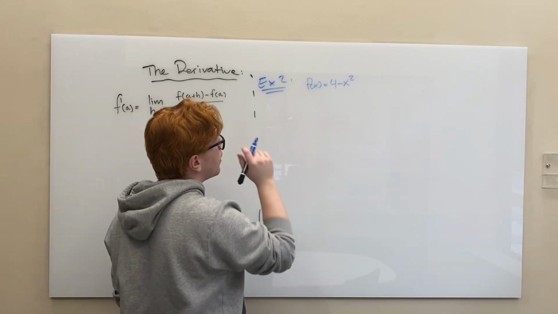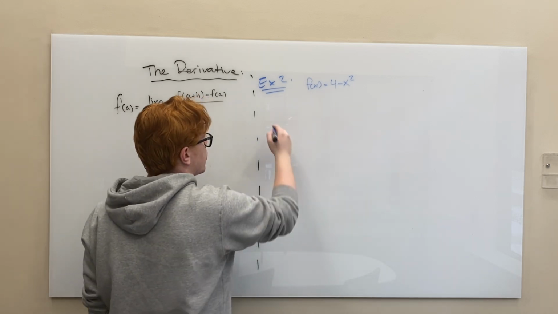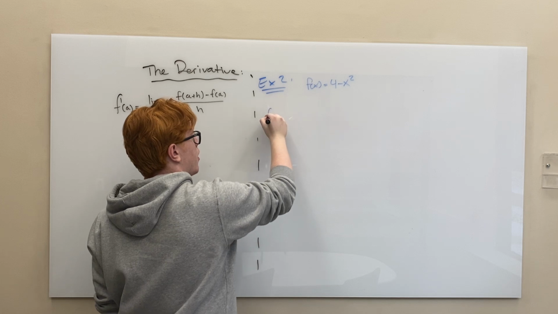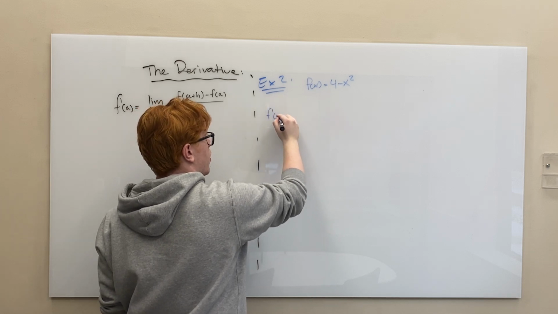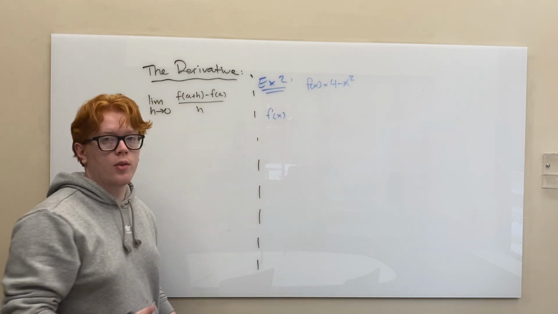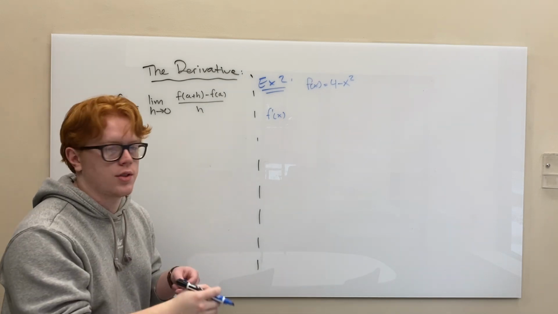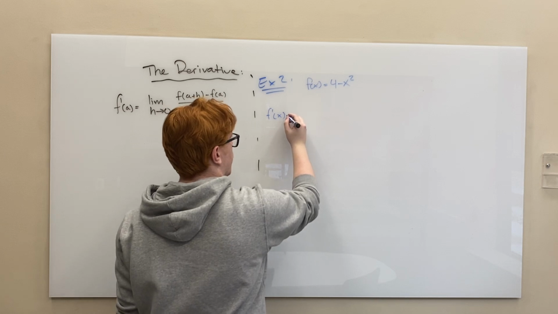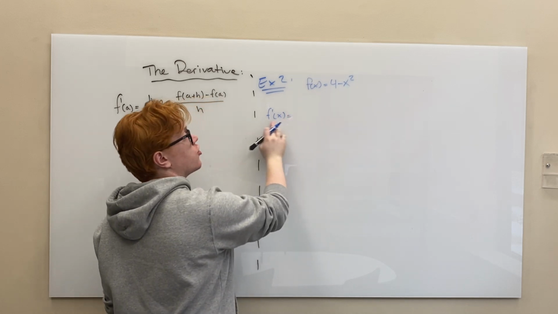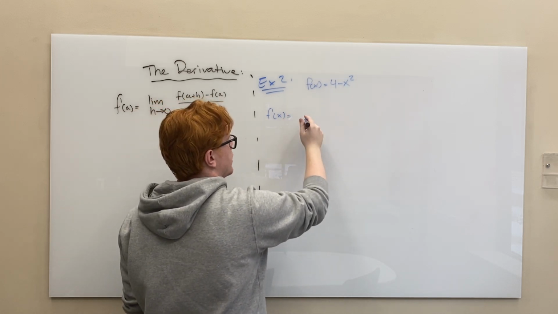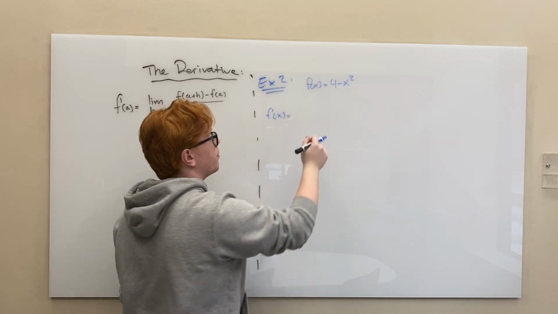Okay. So again, let's write down our formula. f prime of x, and we can use x or a, it doesn't really matter. a is just a specific point of x we're choosing, so this is like the general derivative, not just at a singular point.